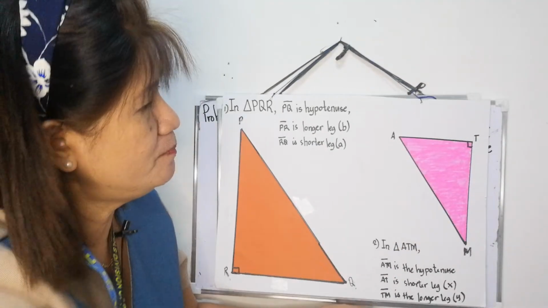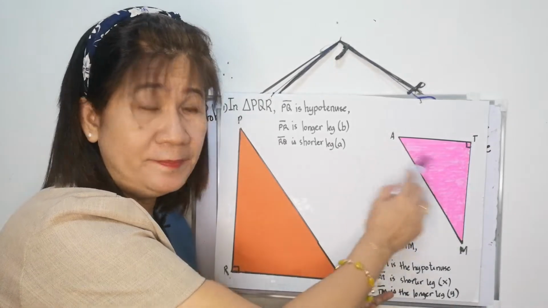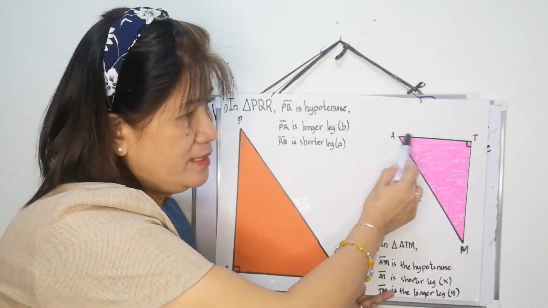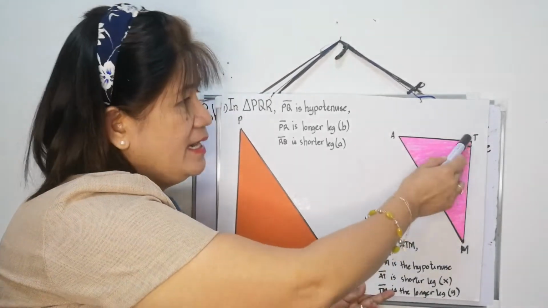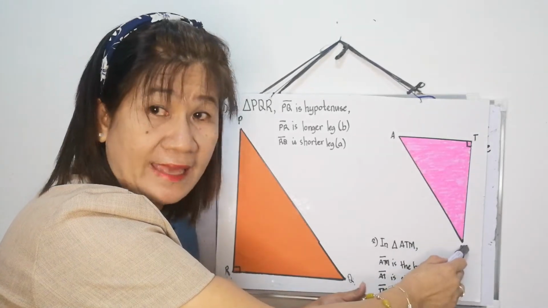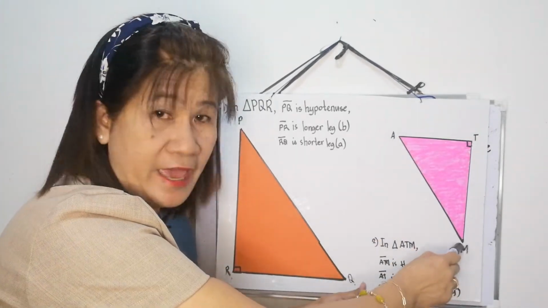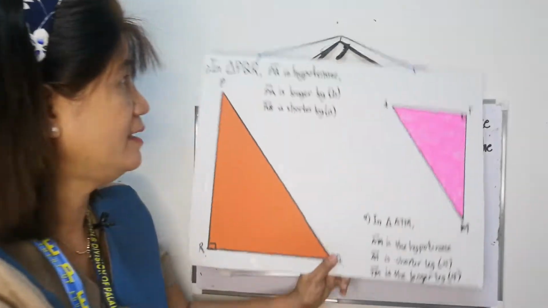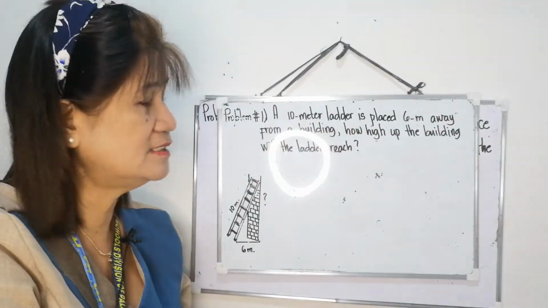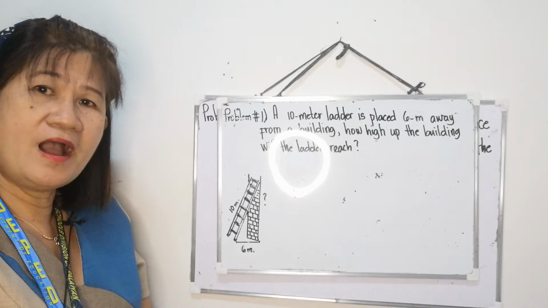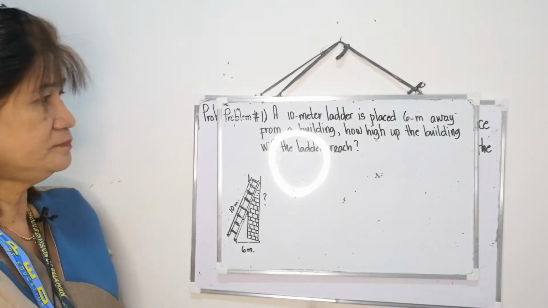Okay? Here, in triangle ATM, line segment AT and line segment TM are legs, while line segment AM is the hypotenuse. Okay? So, now let us discuss our problem number 1.